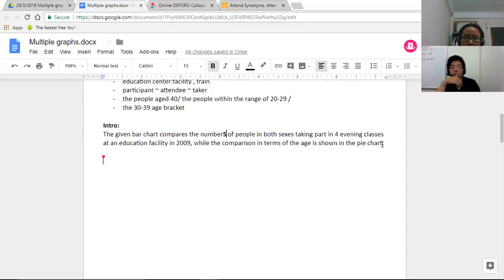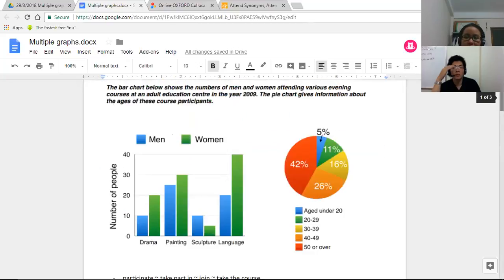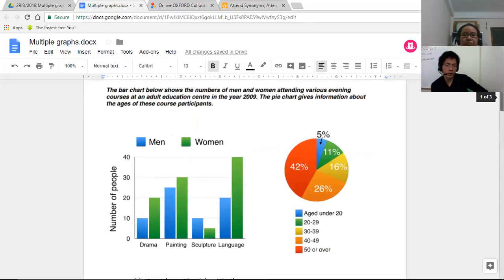So how about the overview? How do you write your overview for these two graphs? I'm still thinking I should do it the normal way. I'll find one remarkable feature for each chart, and then the other sentence.